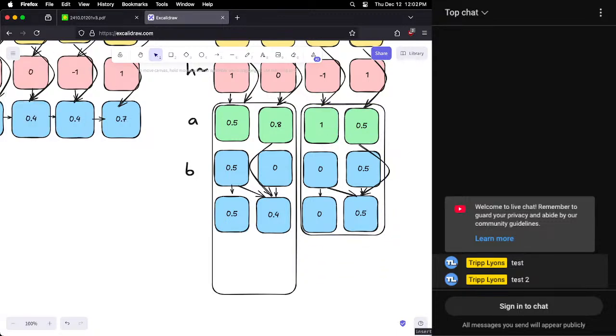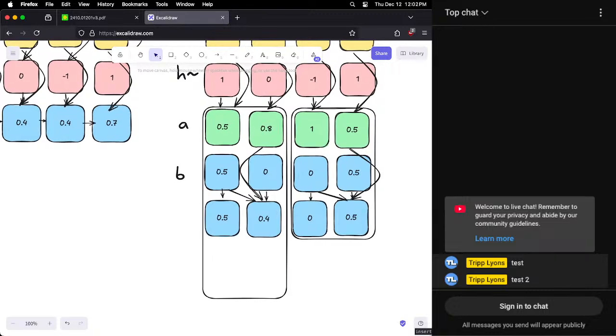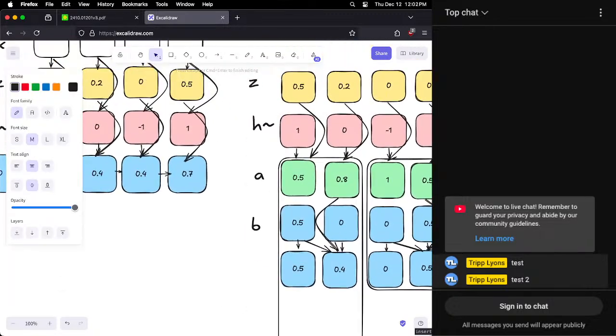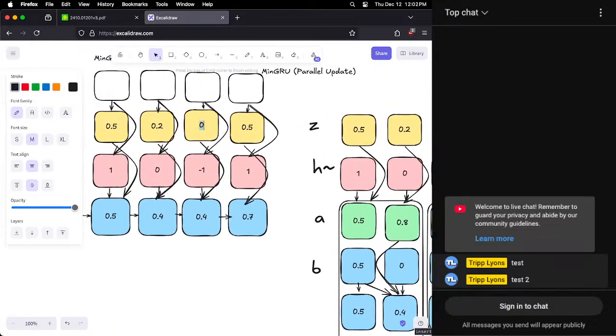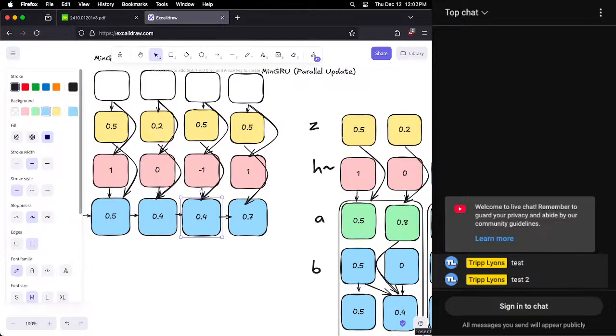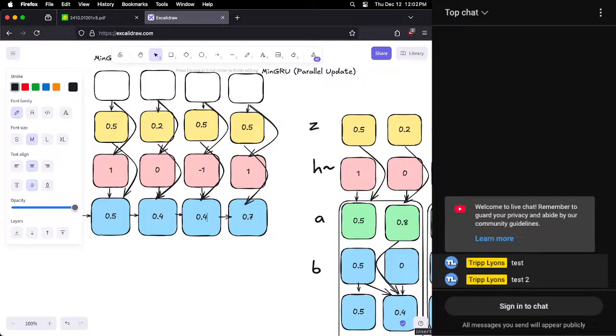Wait. Yeah, no, let's just make this a 0.5 actually. I really want to illustrate this point. 0.5 of -1, 0.5 of 0.4. It's negative. What's that?